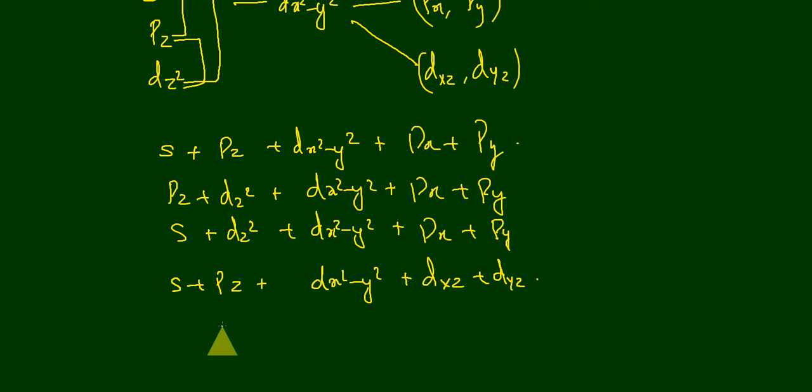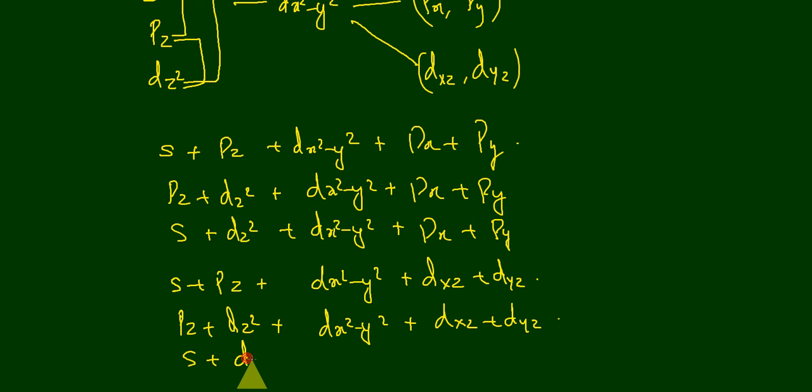And then we have pz plus dz square plus dx square minus y square plus dxz plus dyz. And then we have the last possibility s plus dz square plus dx square minus y square plus dxz plus dyz. So these are the six possibilities by symmetry, okay.